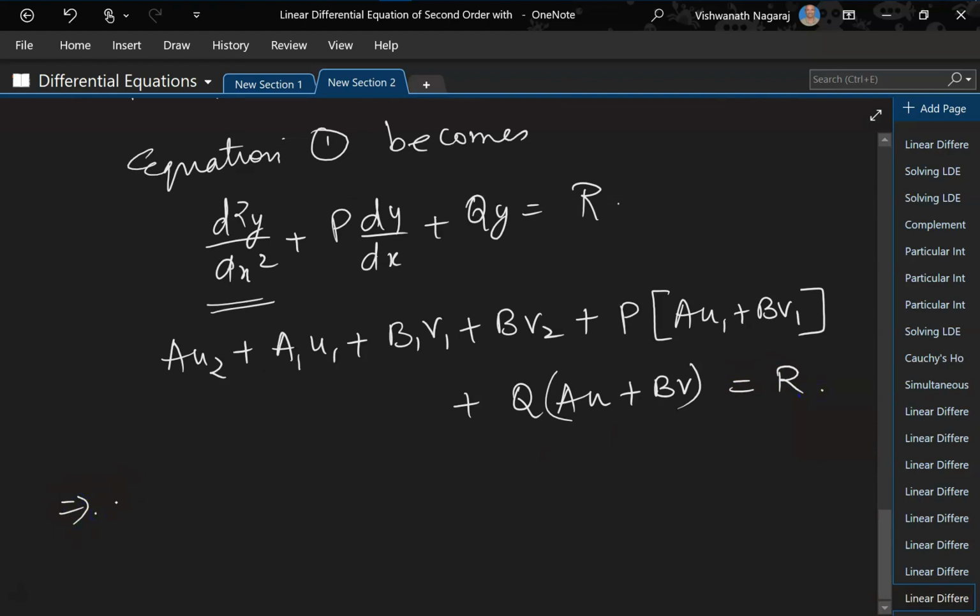Now let's open up the brackets and also do some grouping of a, b and so on.